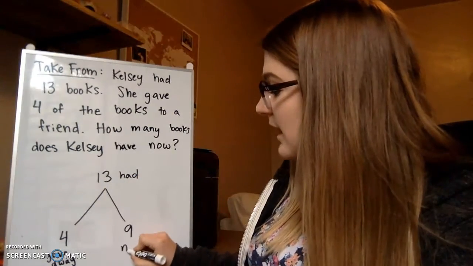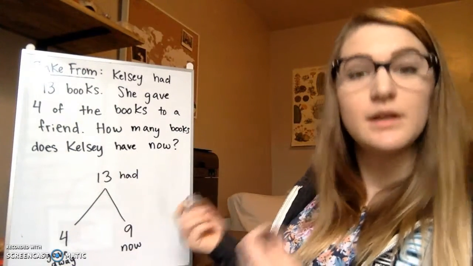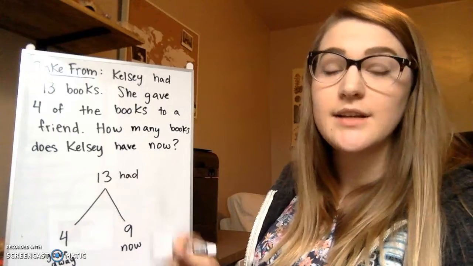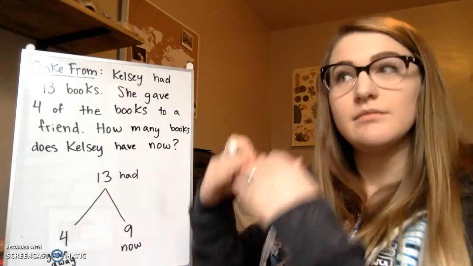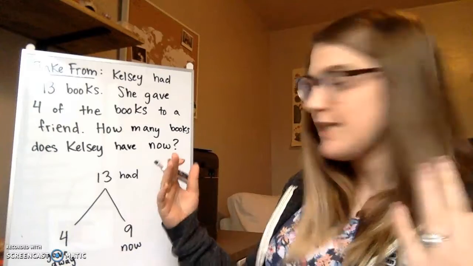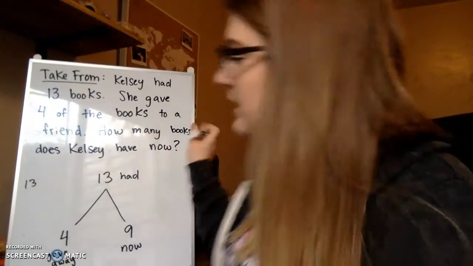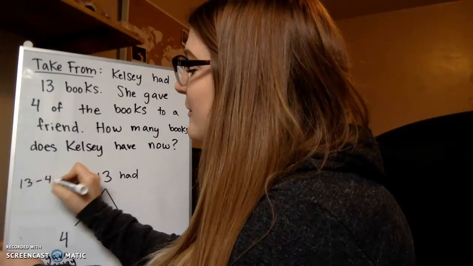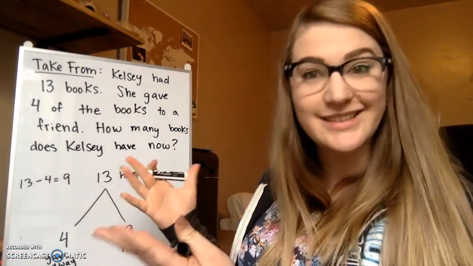And 9 is how many she has now. So it's asking us here in the problem how many she has now. So then if you were to write this math mountain as an equation, a math sentence, you could write 13 minus 4 equals 9. And that's how you could solve that one.